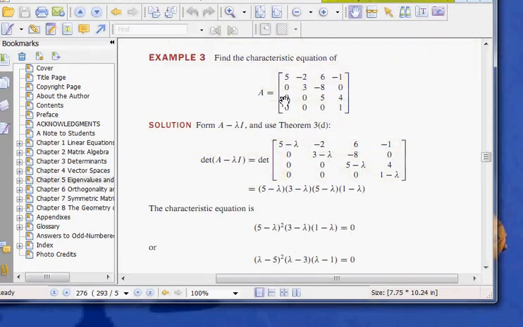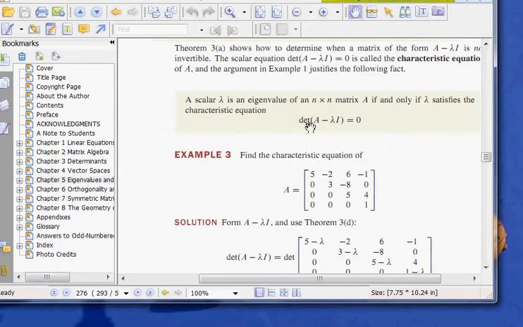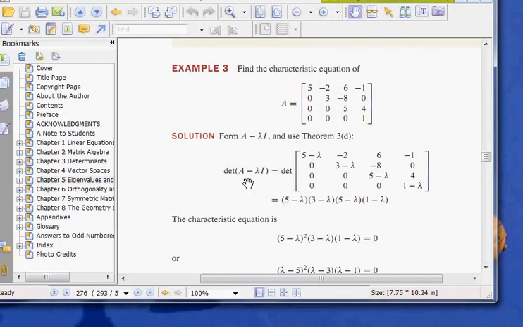So what this wants you to do, find the characteristic equation. Okay, so we do this from the definition, determinant A minus lambda I equals 0. So what do we do? We find determinant A minus lambda I equals the determinant. I told you that because this lambda I multiplication just results in an identity matrix with a diagonal of lambdas, all you really need to do is, look, you have 5, 3, 5, 1, right?